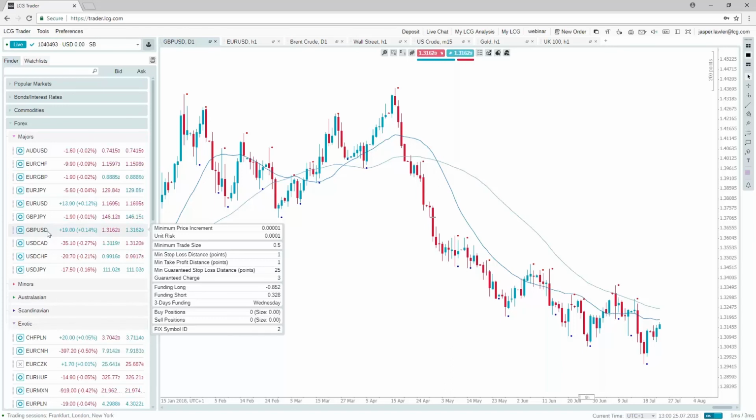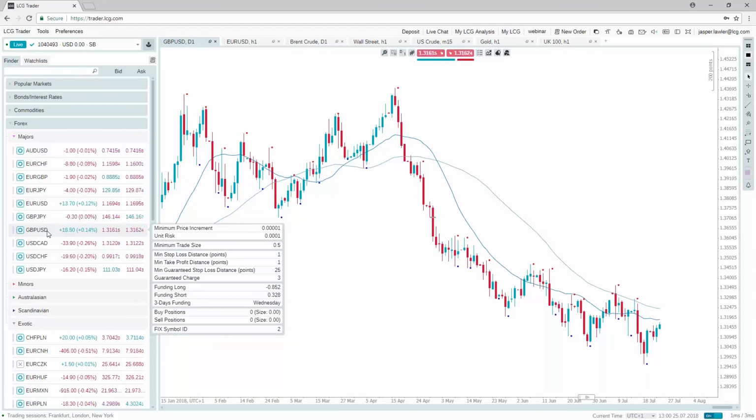Depending on the account type that you have, you can trade different account sizes. If you're using a guaranteed stop loss, it needs to be 25 points away, and you'll get charged 3 points for having that guaranteed stop loss in place.